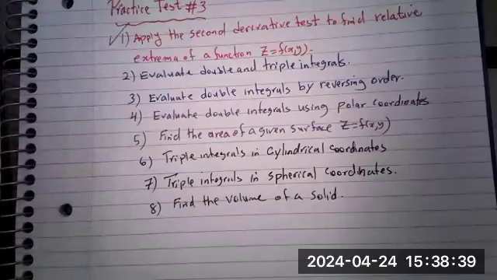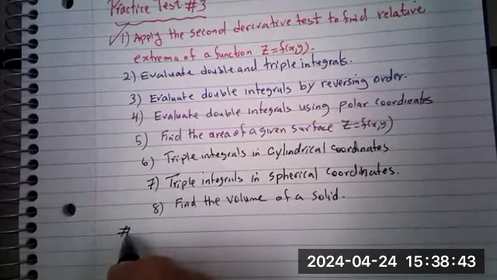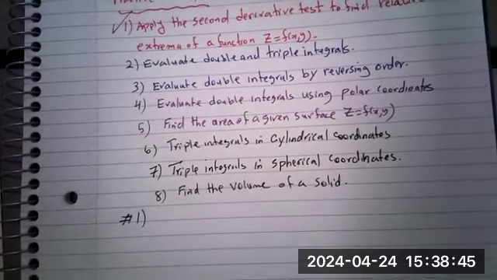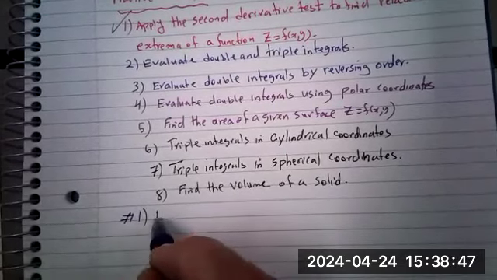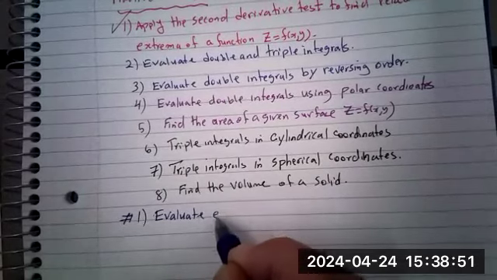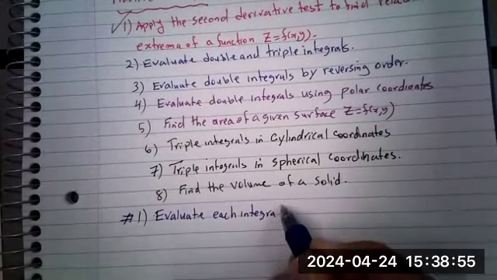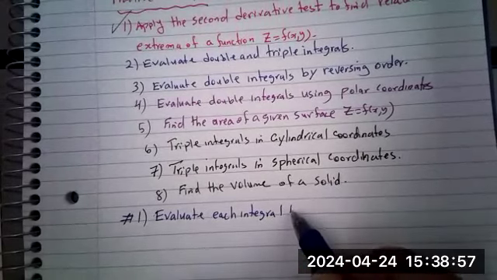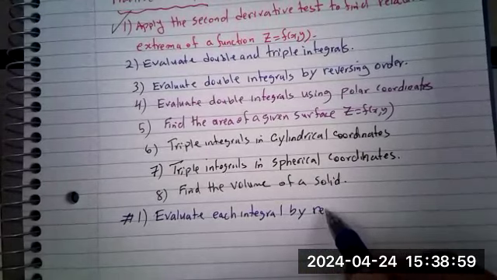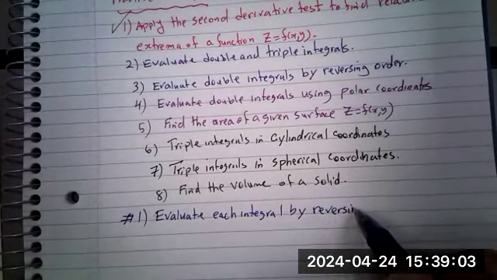So this is going to be question number 1: evaluating an integral. Evaluate each integral. It's a double integral. We give you the hint that we would like you to do it by reversing the order.